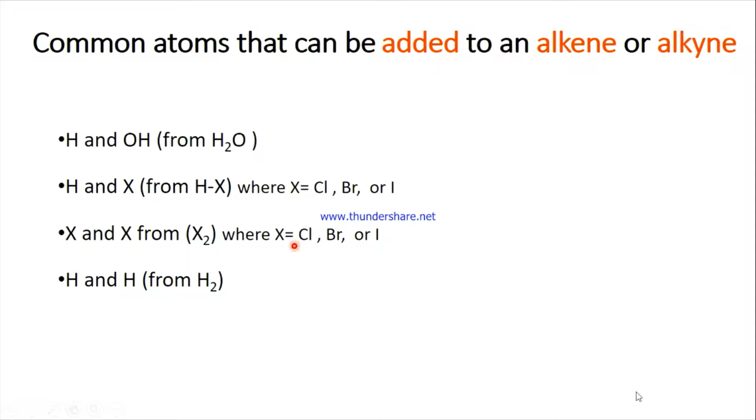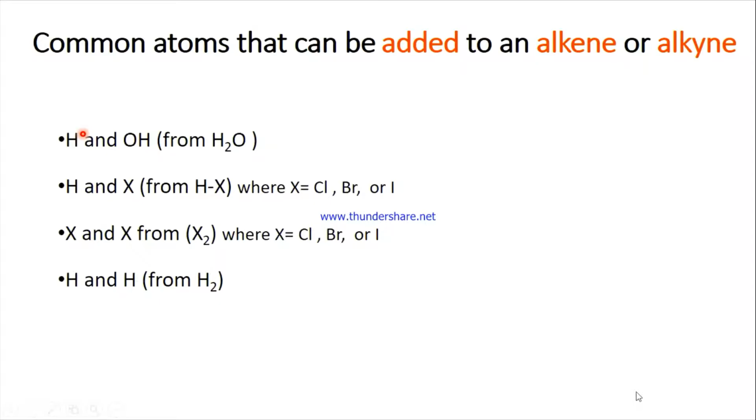So these are the common atoms that can be added to an alkene or alkyne. As you can see, all these atoms have one or more electronegative atoms. That makes the compound highly polarized, and thus it results to be an electrophile.